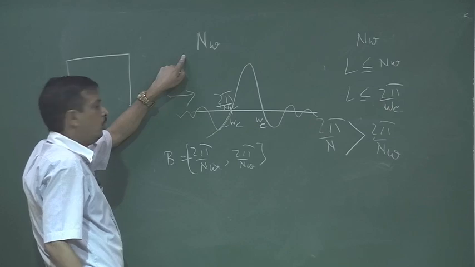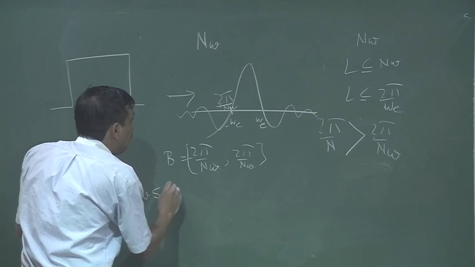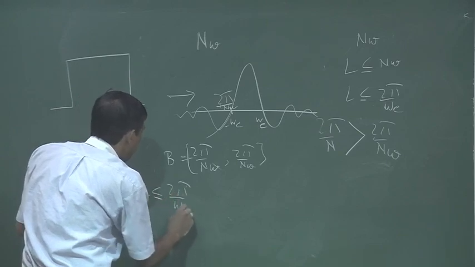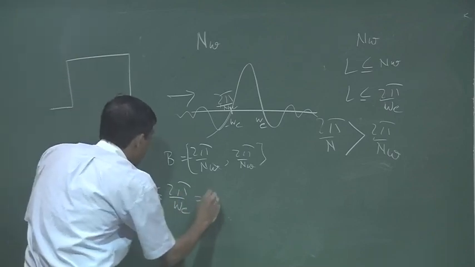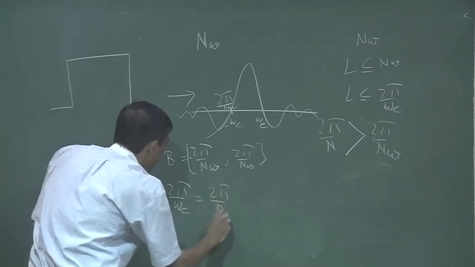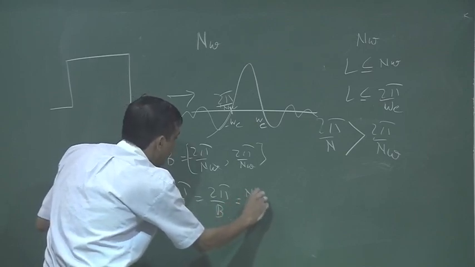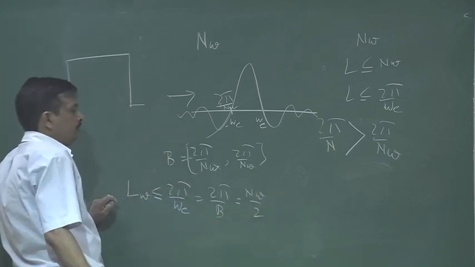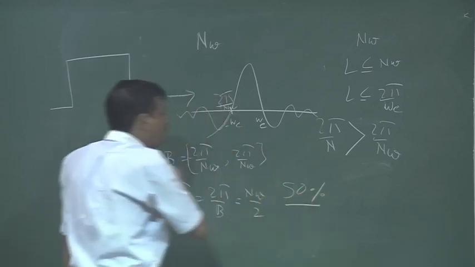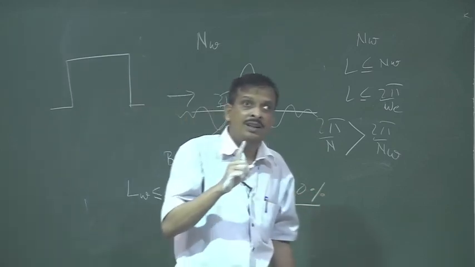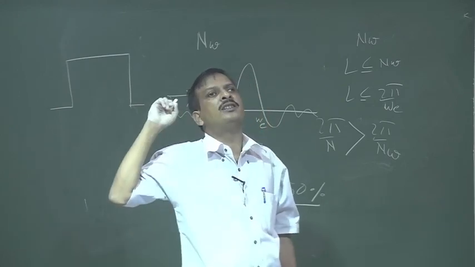This is the bandwidth. So the shifting decimation in time L must be equal to 2 pi by omega c, which is Nw divided by 2. So, I can say 50% overlap is possible. L maximum 50% shifting is possible if it is a rectangular window.